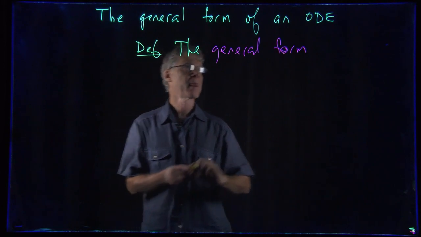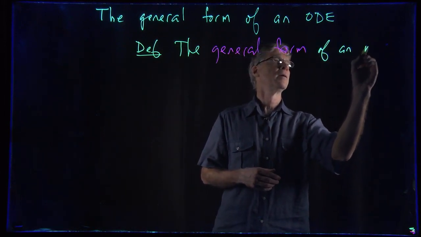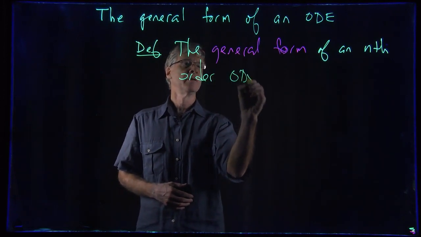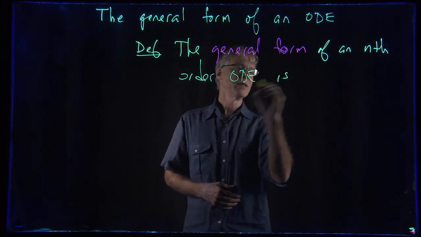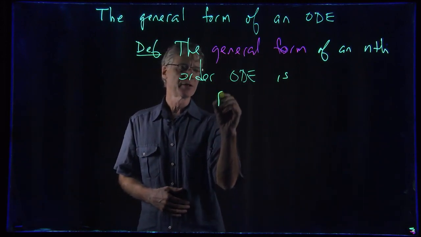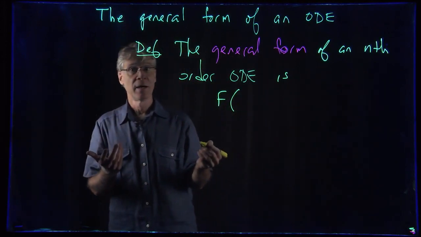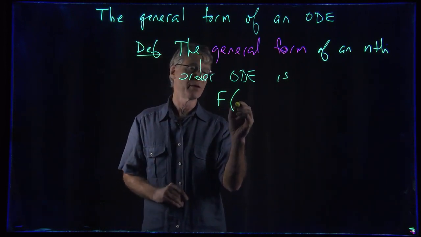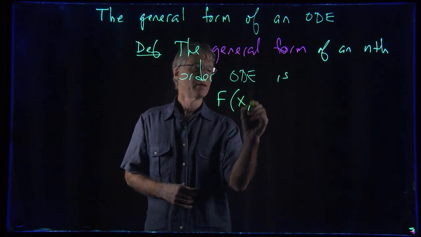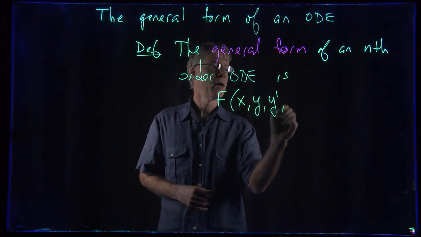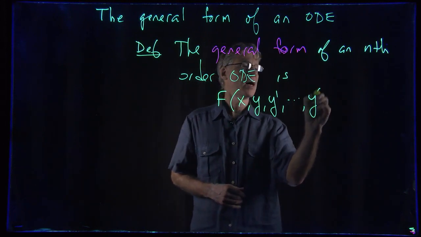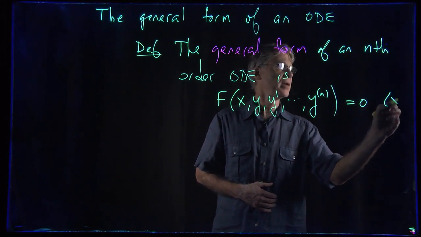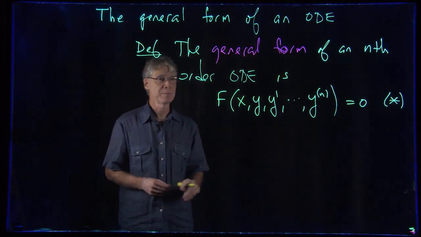The general form of an nth order differential equation is given by the following, and it's a function with many inputs, so you may want to think this is not really like single variable calculus, but it really is a function with many inputs: F(x, y, y prime, up to y^(n)) equals 0. And I want to mark this as star.